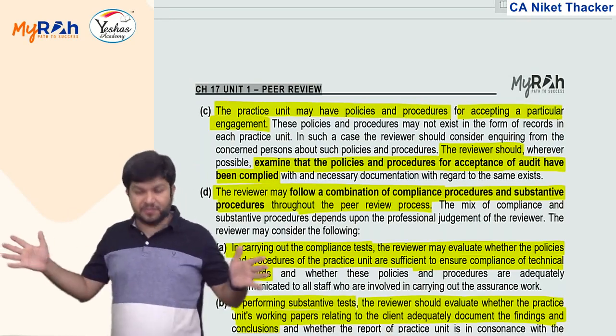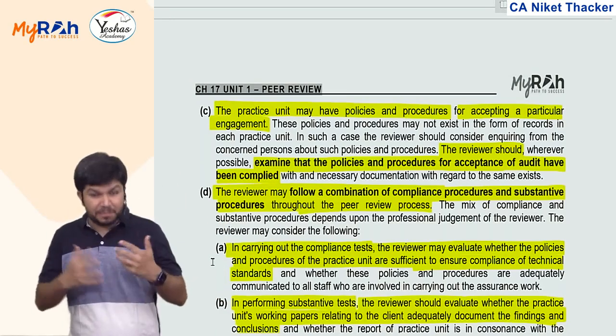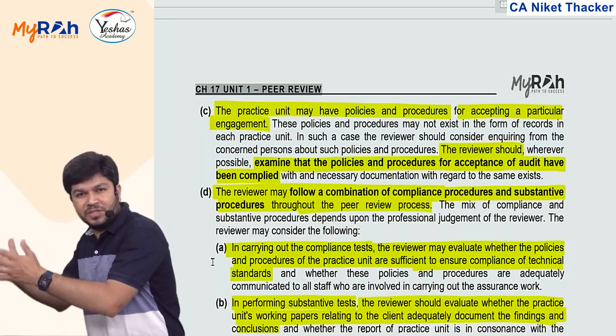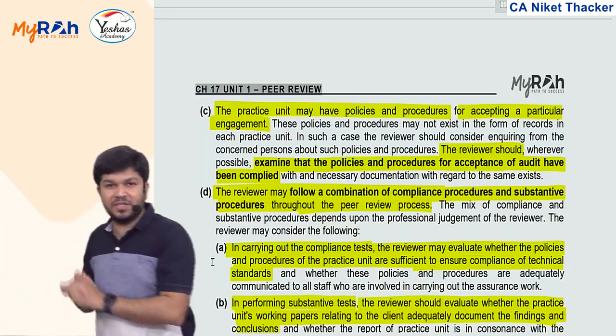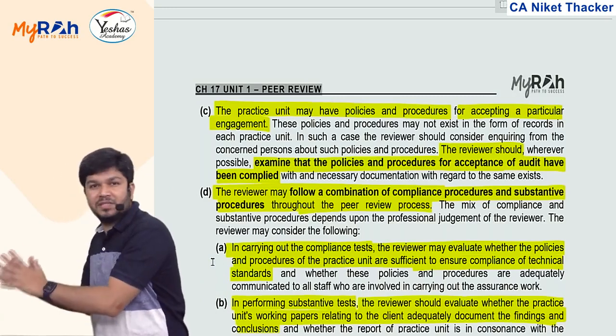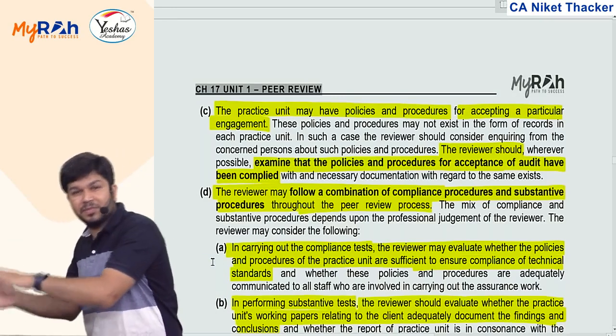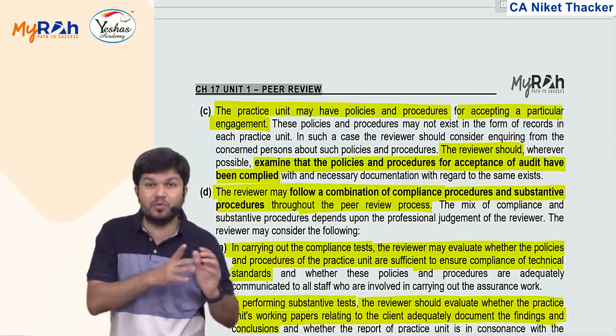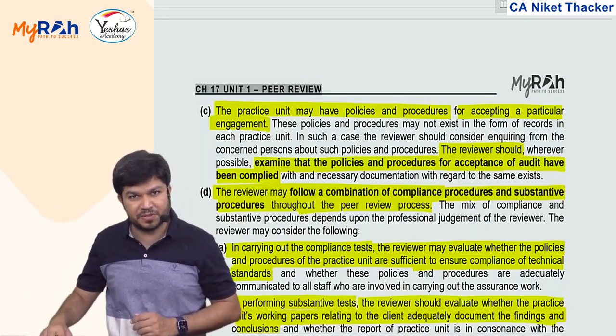And then throughout the review, I'll be following a mix of compliance and substantive procedures. When I'm checking the policies, procedures, system, that's a compliance procedure. When I'm checking the documents to ensure the working papers are adequate, they correlate with the finding, they correlate with the conclusion, that's substantive procedure.